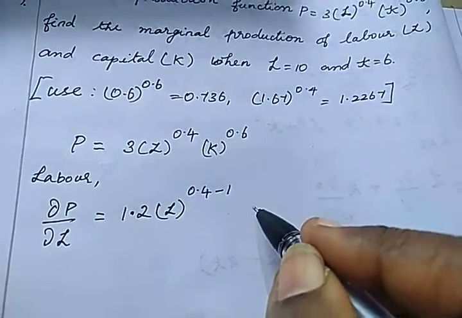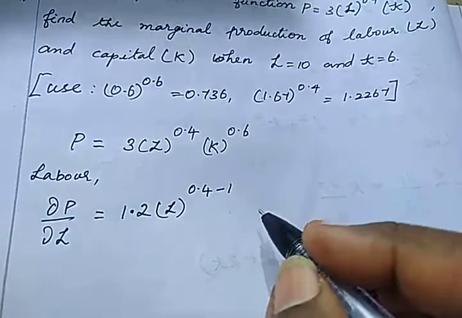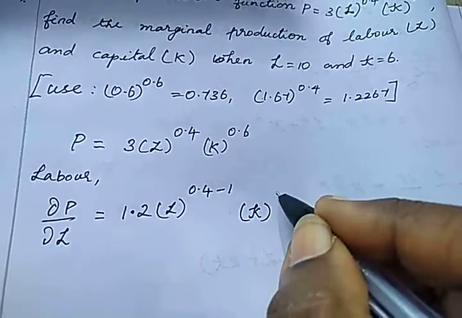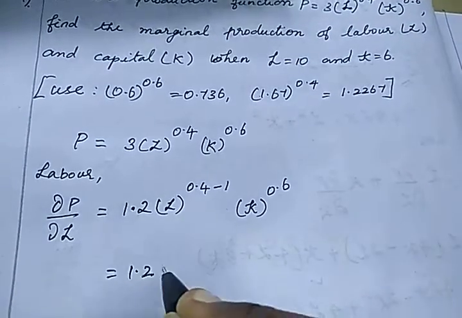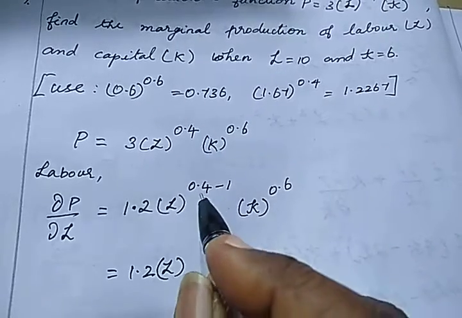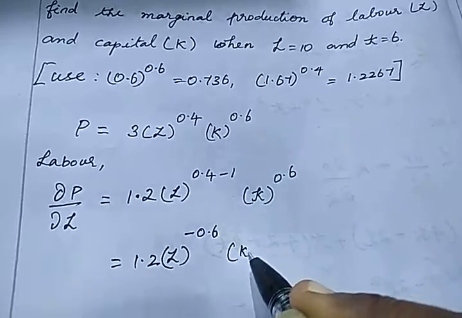Here K is constant. Since this is multiplication, it will not affect the differentiation. So we can write K as such, which is equal to 1.2 L, 0.4 minus 1 is minus 0.6.